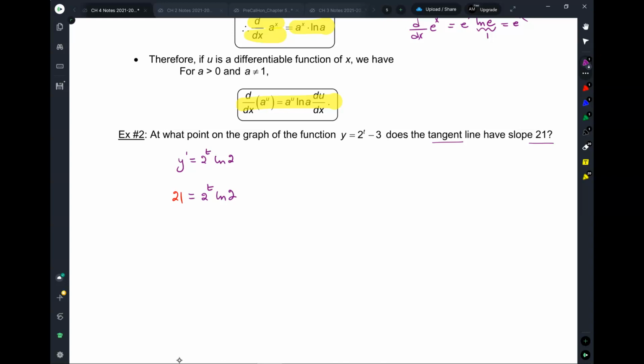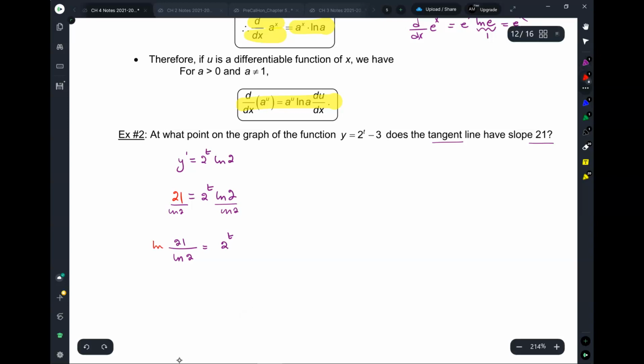So now, how am I going to solve this? Well, if I want to solve for t, let's divide by ln of 2. 21 over ln of 2 is 2 to the t. Now what?